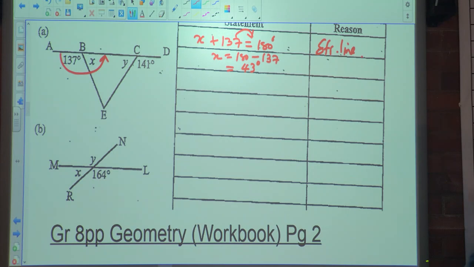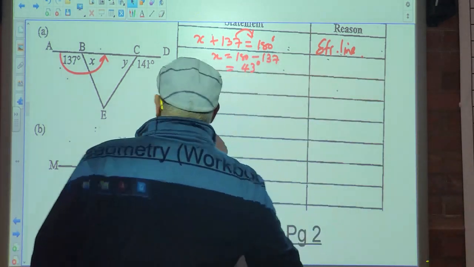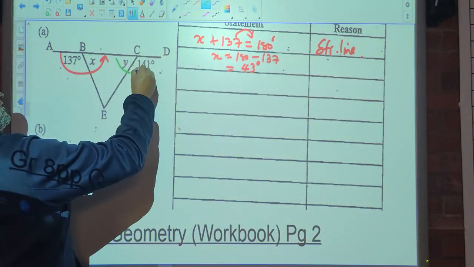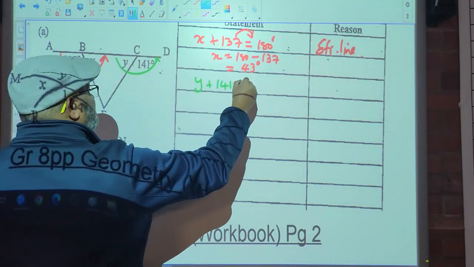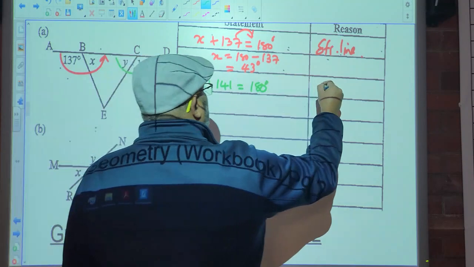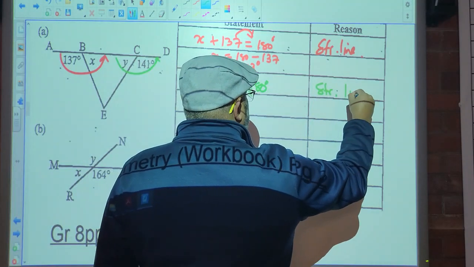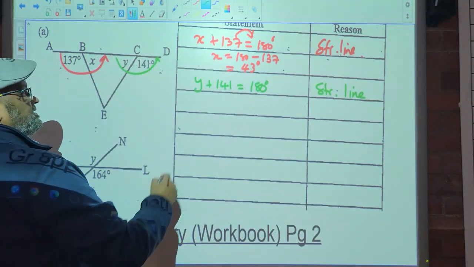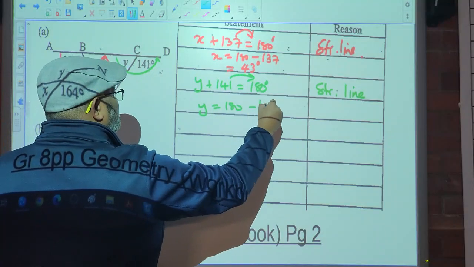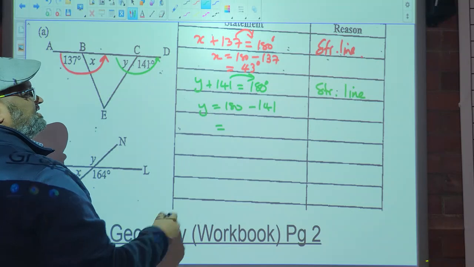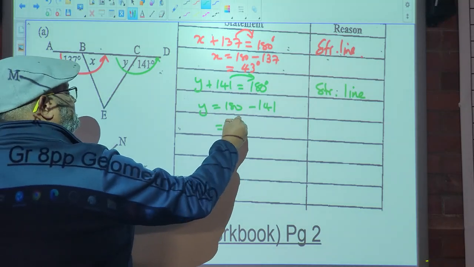Yes, sir. Right. And then I'm going to solve for y. We know that y plus 141 equals 180. Y? Straight line. So y is equal to 180 minus 141, which is 39 degrees.